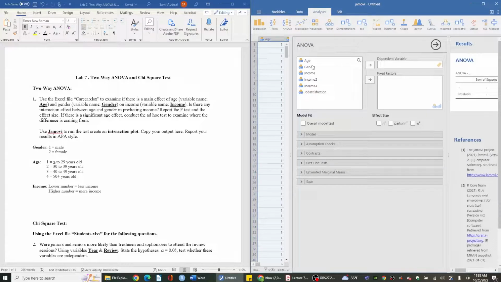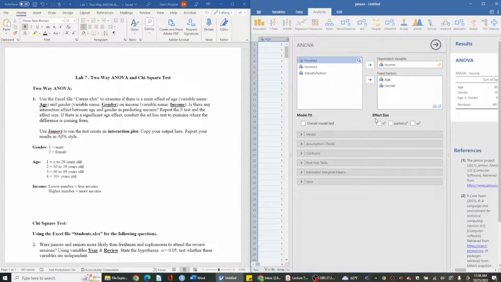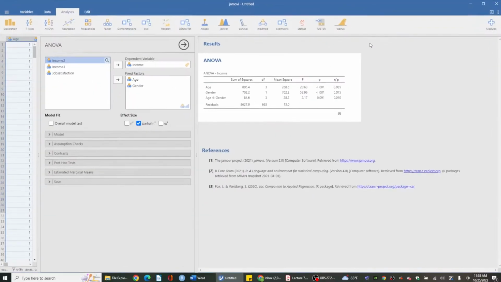Our dependent variable is going to be income. Let's just use income 1. And then our fixed factors or independent variables are going to be age and gender. And then we want the partial eta square. And then we'll get into the other buttons in just a little bit.